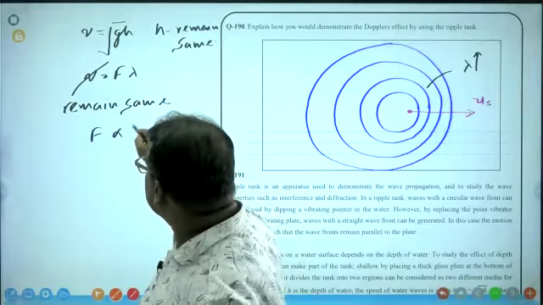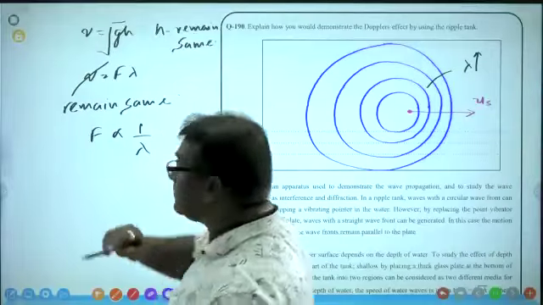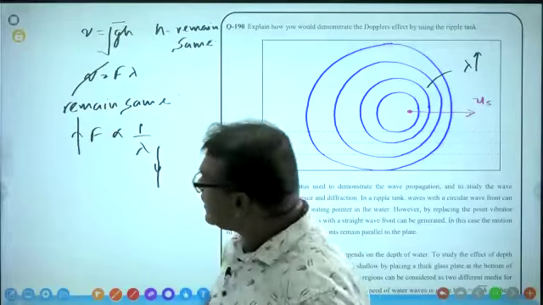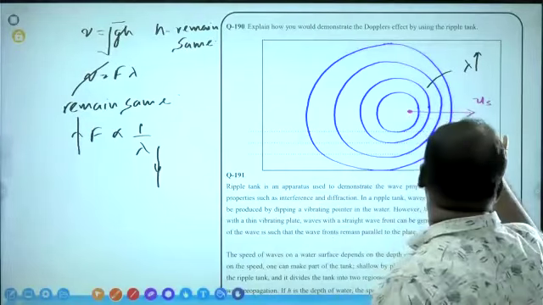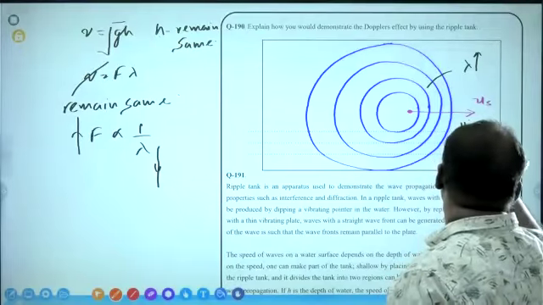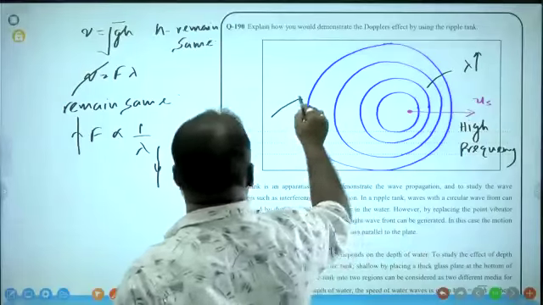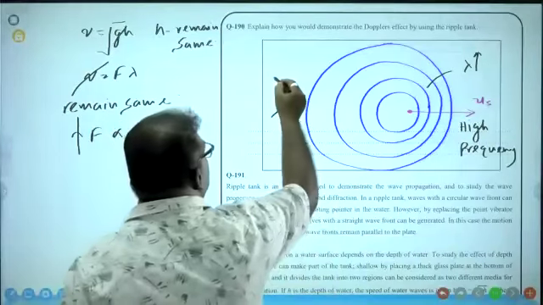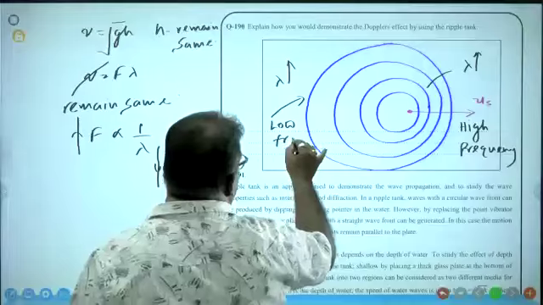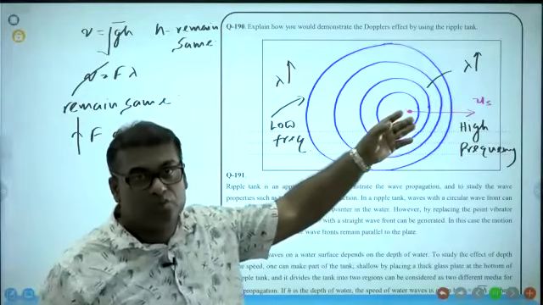Then frequency is inversely proportional to lambda. Lambda shortened, frequency is large. Here we have high frequency. At here, wavelength is large, then low frequency. It is correct, no?